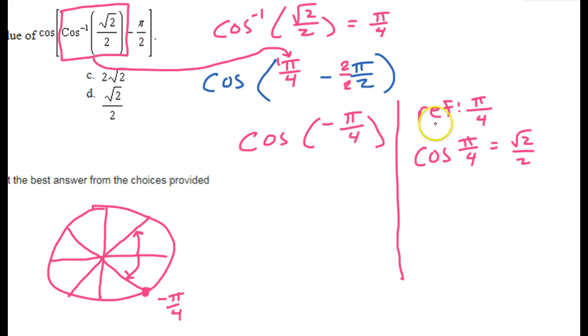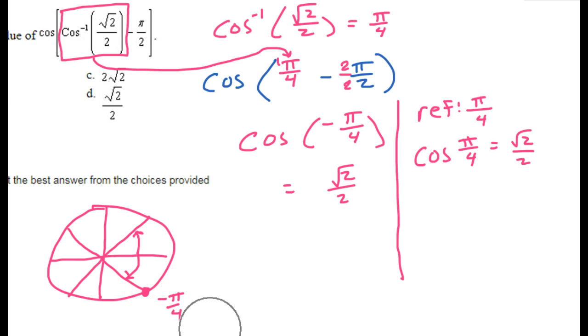So the cosine of negative pi over 4 is going to be the same thing, except for maybe it needs a negative sign. That's the only thing we have to worry about. All right, the cosine of any angle is the same thing as the cosine of the reference angle, except for you might have to change the sign.